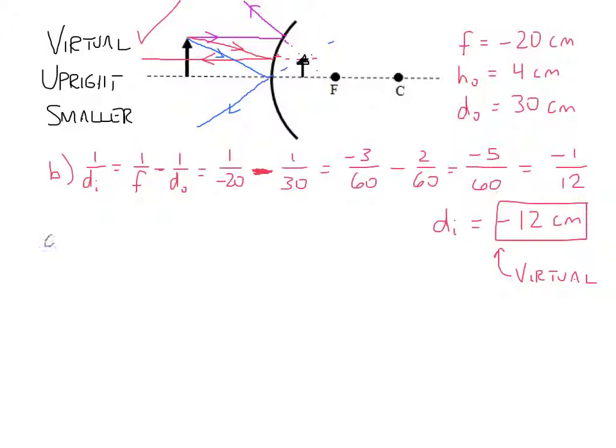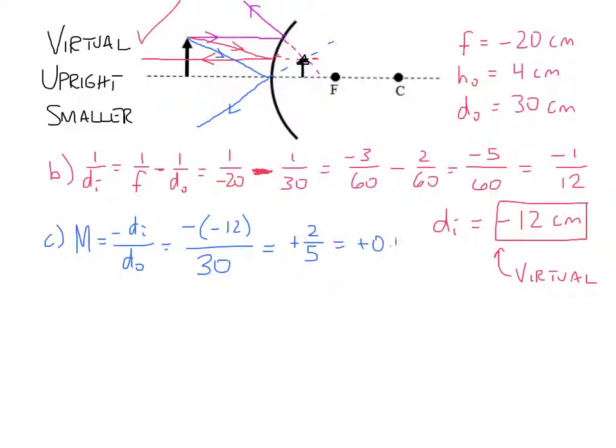For part C, we want to get the magnification, which is negative di over do. So that is -12 divided by the do, which was given as 30. Both the top and bottom are divisible by 6, so this simplifies to a positive 2/5, which you can also write as a positive 0.4.